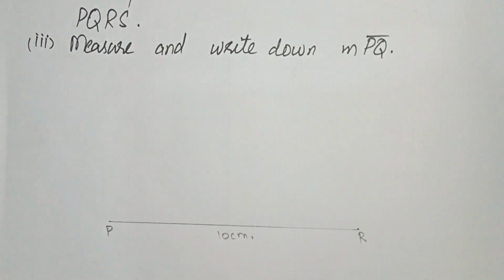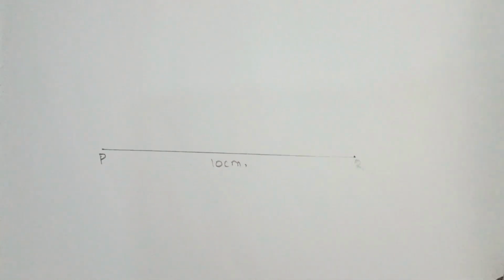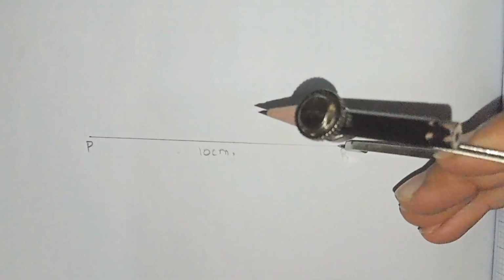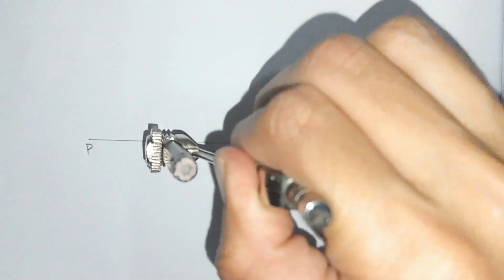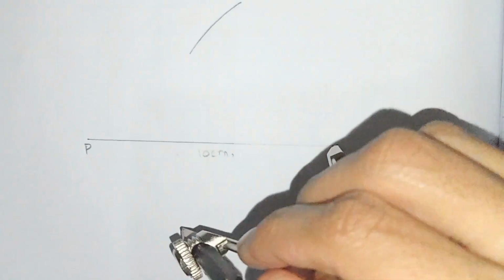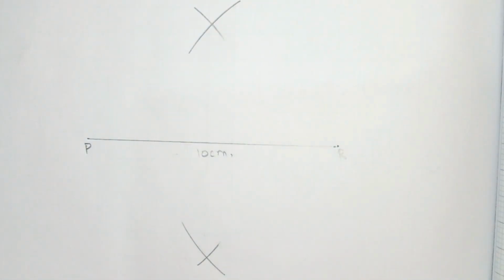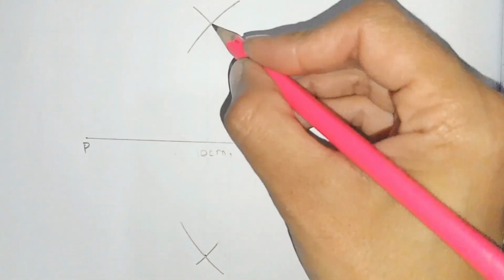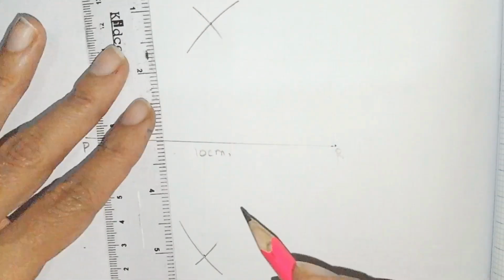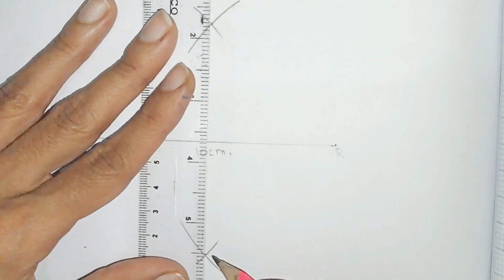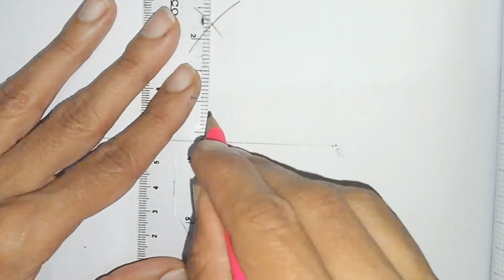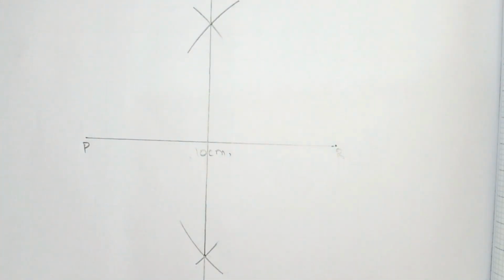Now I am drawing the perpendicular bisector of PR. And you know that for drawing the perpendicular bisector, open the compass more than half and then I mark above and below the line, and where it cuts, match those points, and this is the perpendicular bisector.